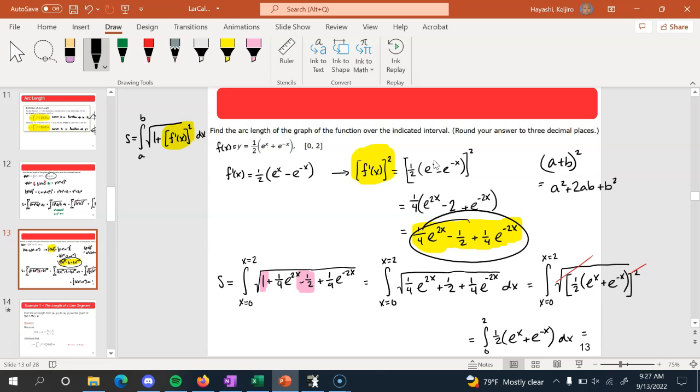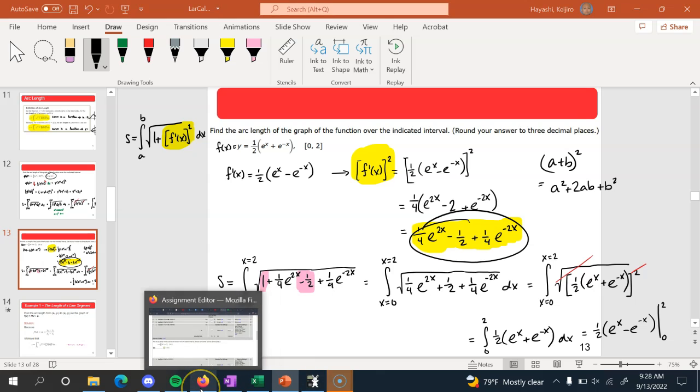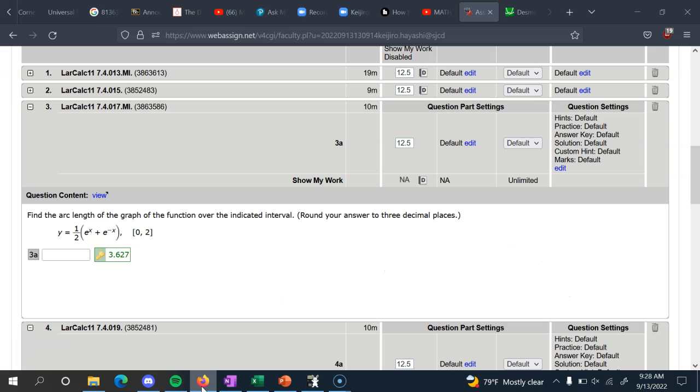Which, if you integrate this, the integral of e to the x is e to the x. The integral of e to the negative x is actually just like the derivative, minus e to the negative x. And this is going to get evaluated from 2 to 0. Right.